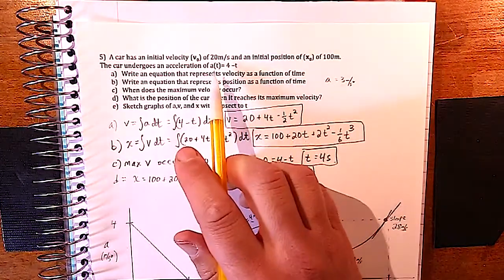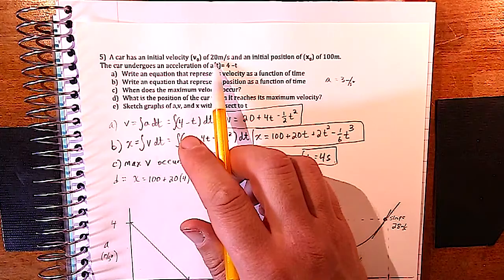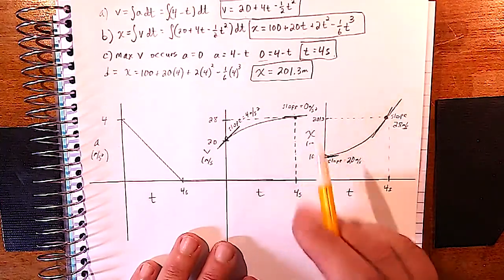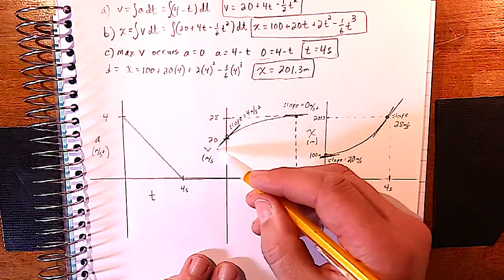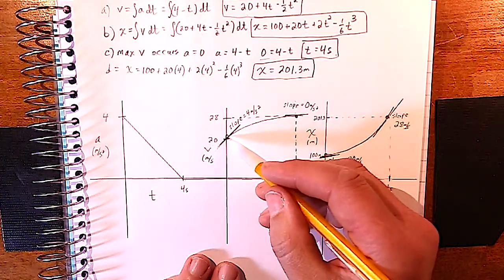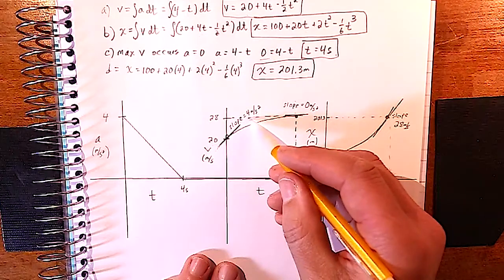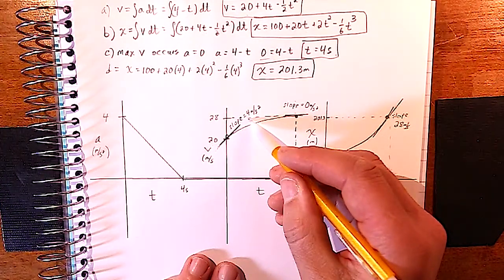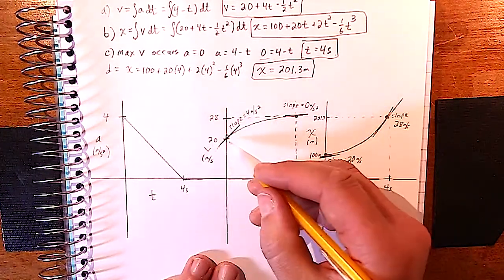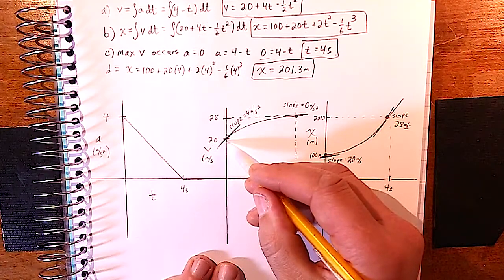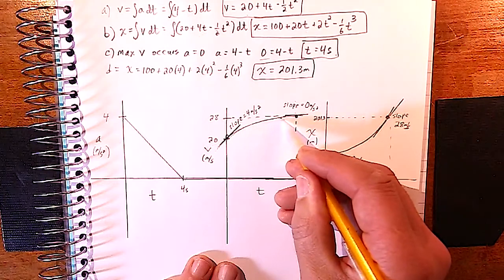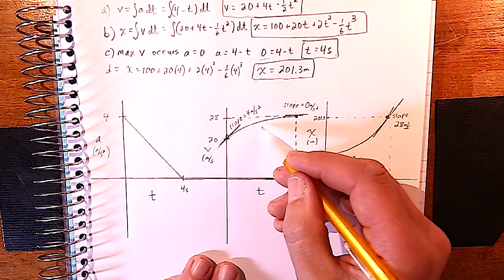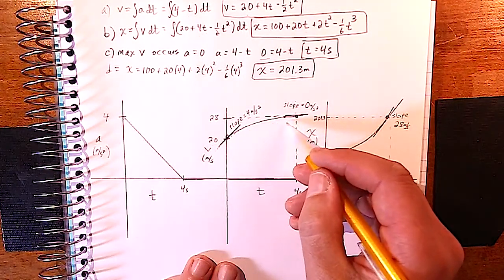So we know the initial velocity was 20 meters per second. So it starts at 20 meters per second. The slope of the line at this point is actually equal to the acceleration, 4 meters per second squared. So as time goes on, the velocity increases, but the rate at which it's getting faster is decreasing.